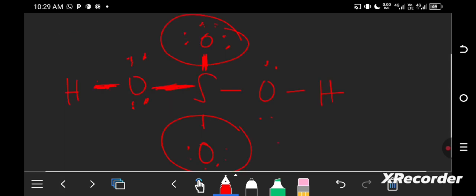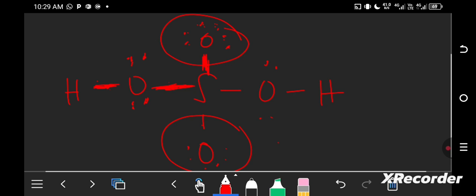Then we look at the non-bonding electrons. Okay, so the non-bonding electrons, now we count them. There's 1 there, 2, 3 there, 4, 5 there, 6. So we are getting that the non-bonding electrons in this compound, there are 6 non-bonding electrons.